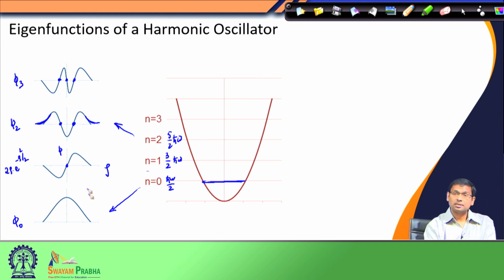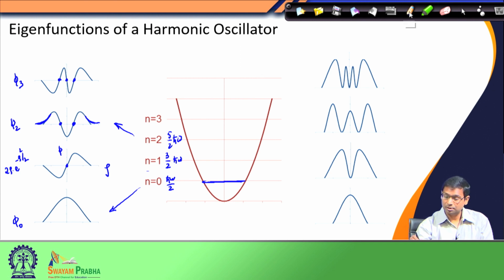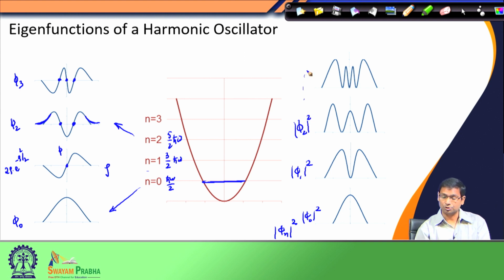Now I can show you phi n square. So, this is phi 0 square, phi 1 square, phi 2 square, and so on and so forth.